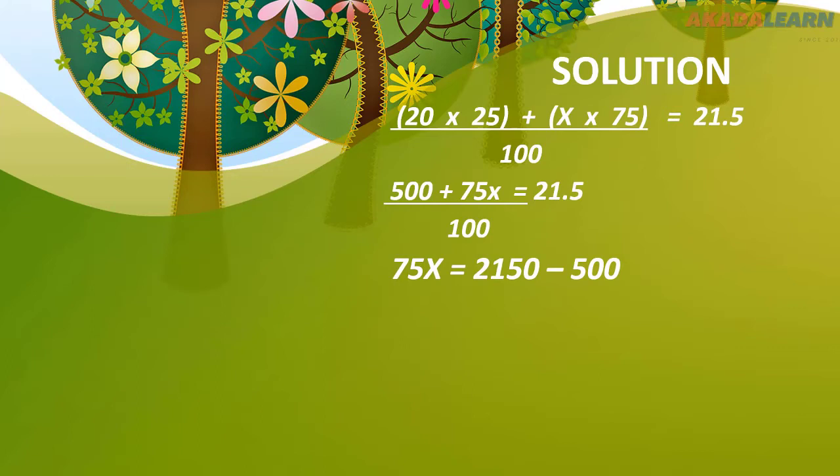Then 75x will be equal to 2150 minus 500, and X divided by 75 will now be equal to 22 at the end of the evaluation.